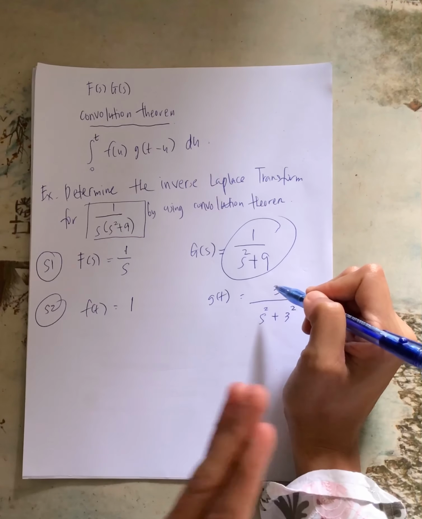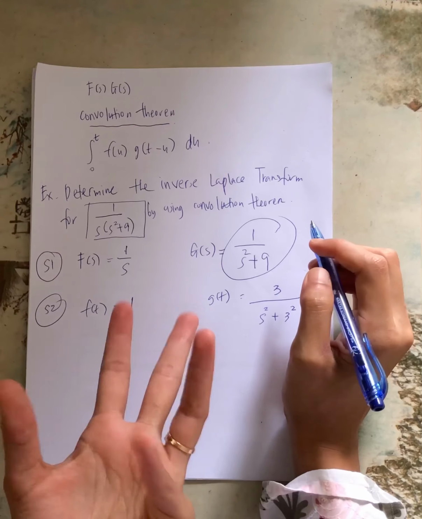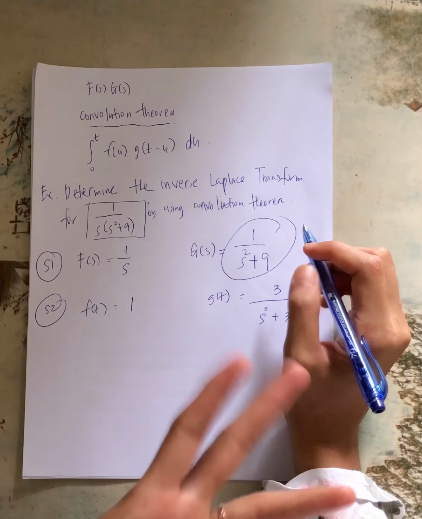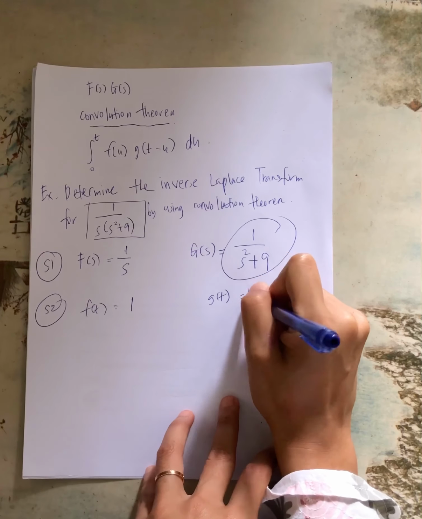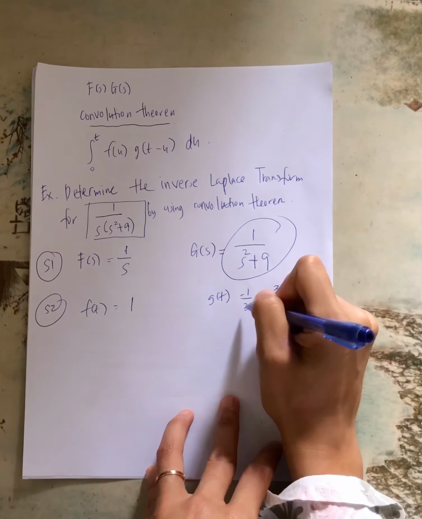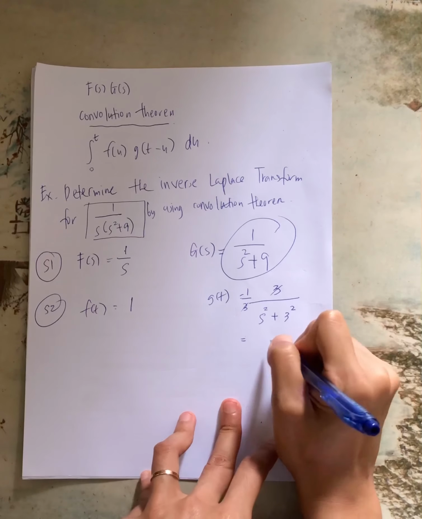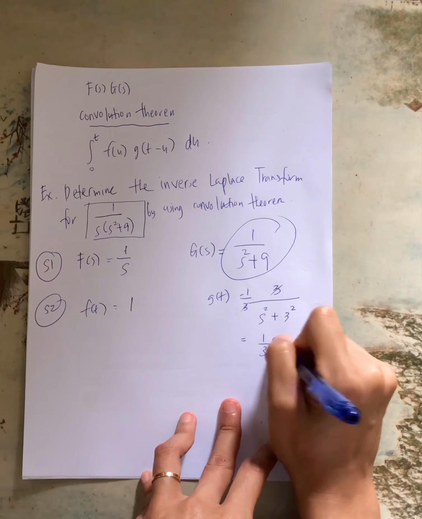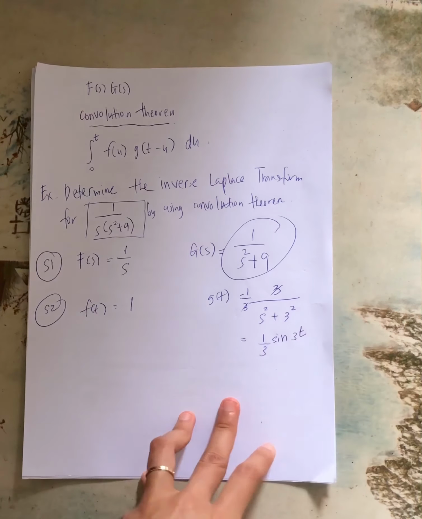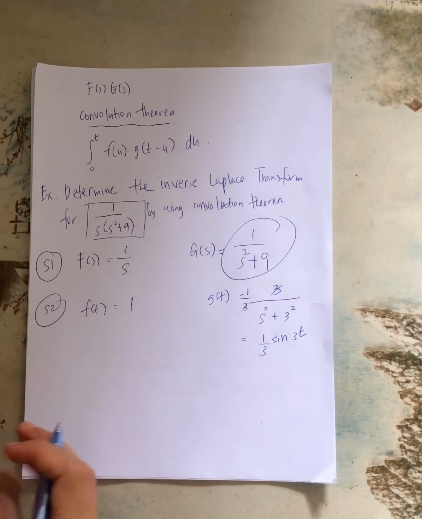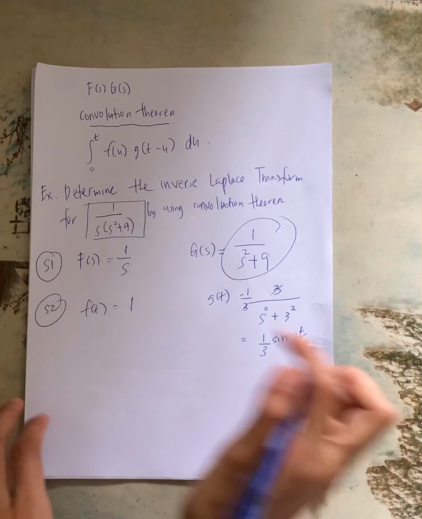So from 3, how to get 1? You multiply with 1 over 3, cancel these two, you get 1. So the answer here is 1 over 3 sine 3t.